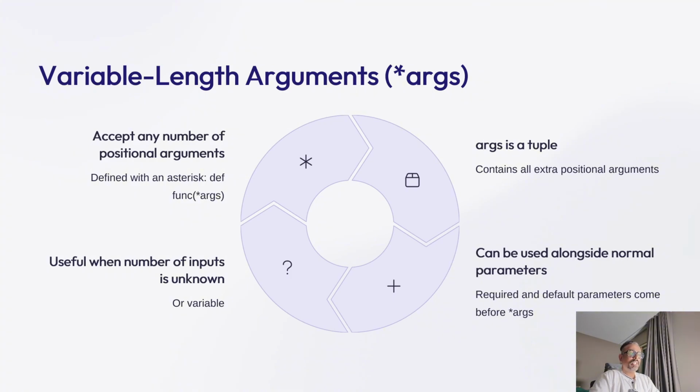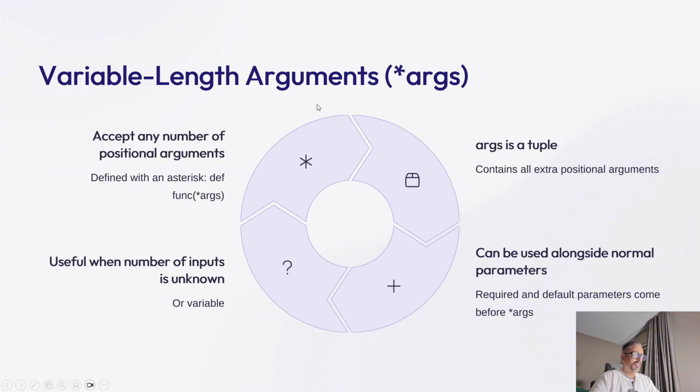In the function definition, the asterisk before the argument name makes it collect all the remaining positional arguments into a tuple. You can use args alongside regular parameters also, but required and default parameters must come first, before the args keyword that you define. This pattern is useful when the number of inputs is unknown and you want to accept as many as possible.